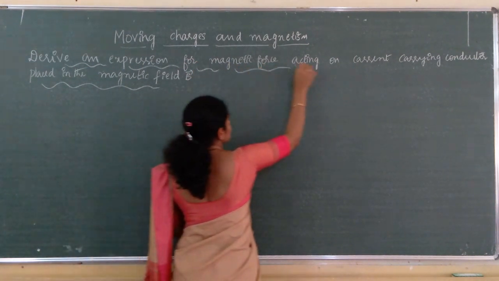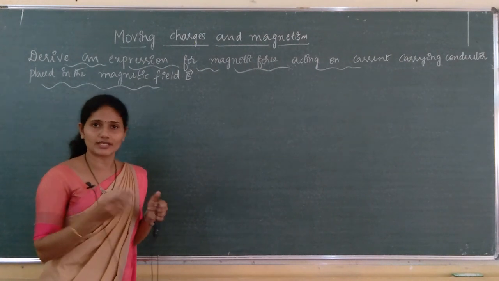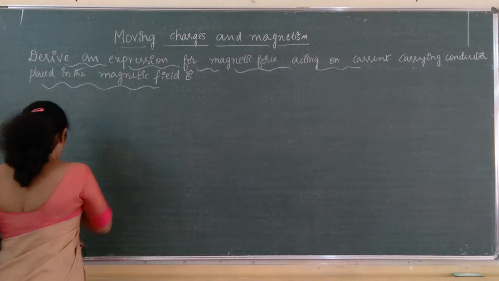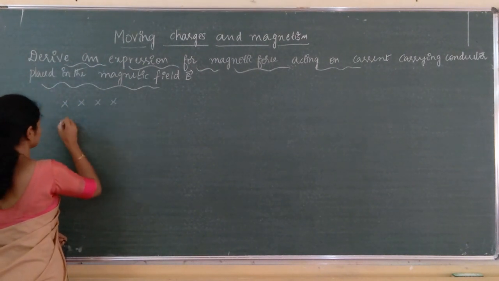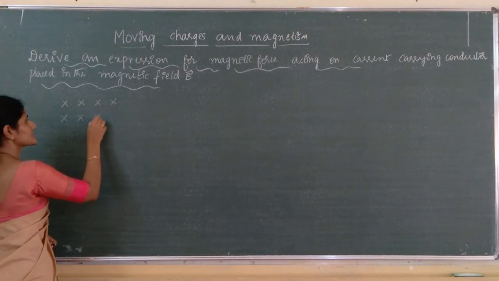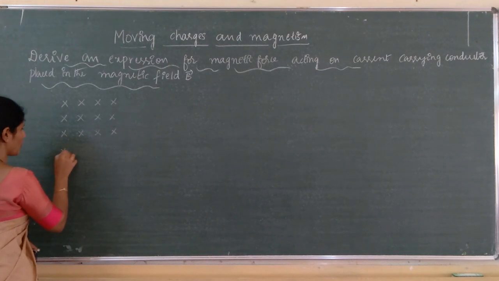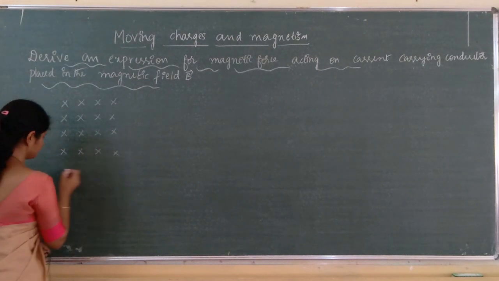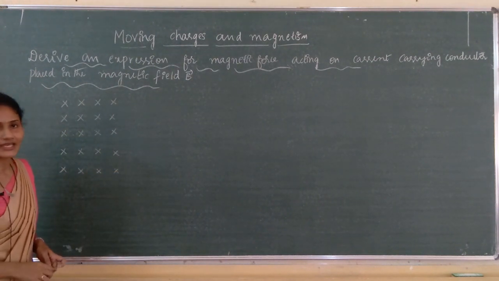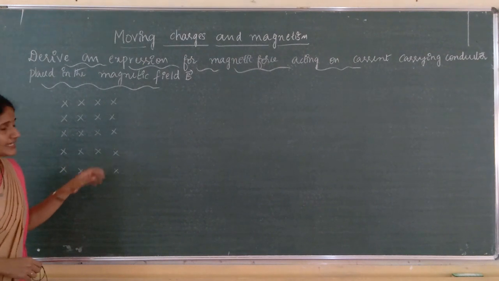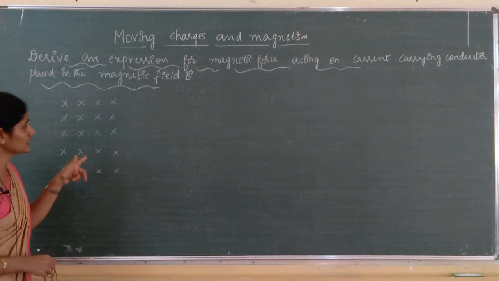So, let us see what is the expression for magnetic force acting on a current carrying conductor which is placed in the external magnetic field. For that, let us consider a uniform magnetic field. This is how we represent a uniform magnetic field. One more thing, when we use a cross mark, if the magnetic field is going into the plane of the paper, then we represent that using a cross mark.